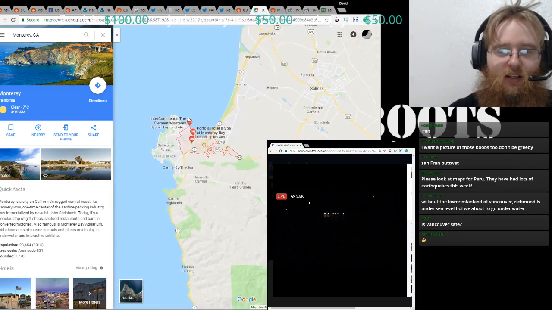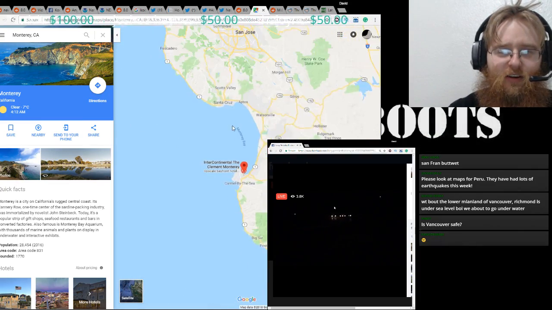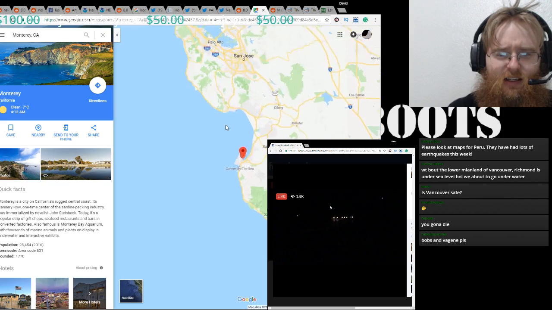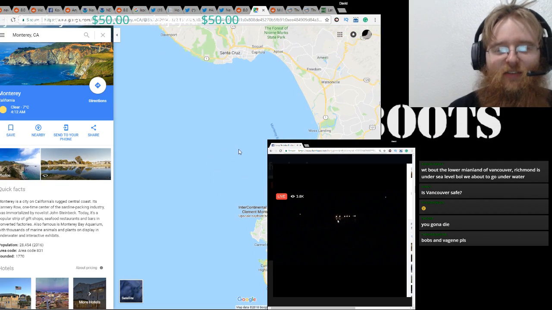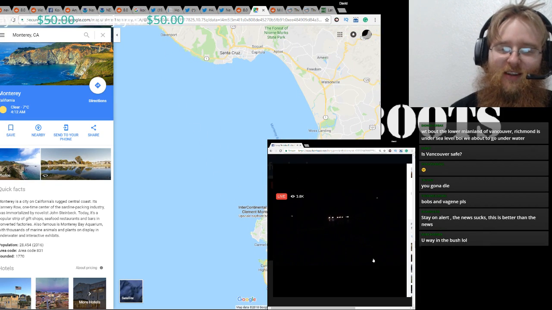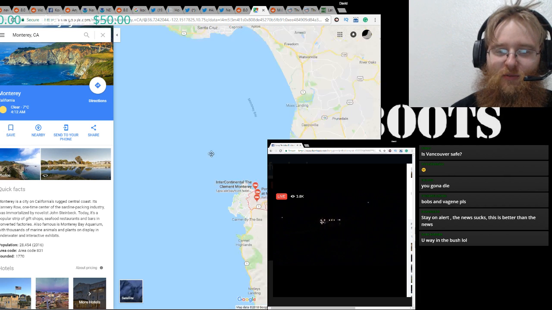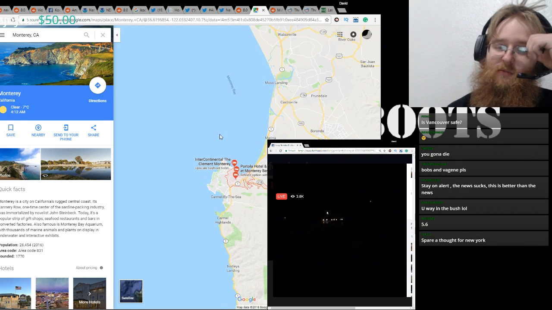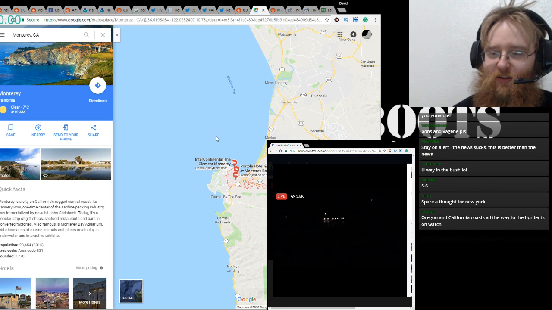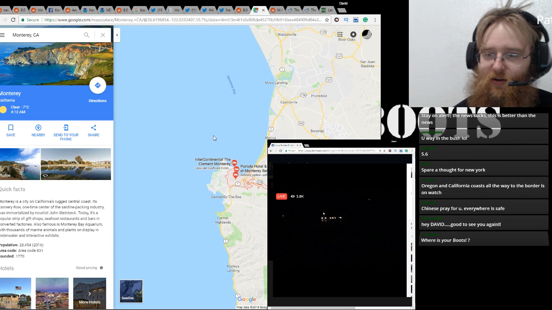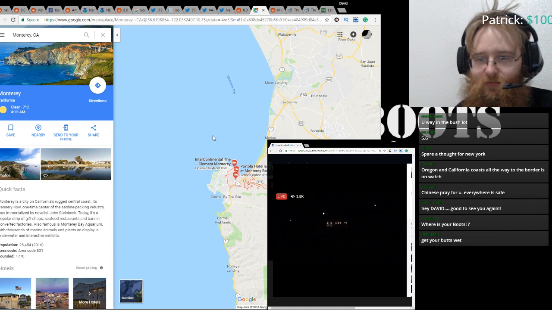Oh, that actually is not good looking. Monterey might get messed up. If there's a big wave and it comes in like this, it could easily screw over Monterey. But as of right now, I don't think you've got much of concern. Oregon, California coast, they're all the way to the border on the watch.